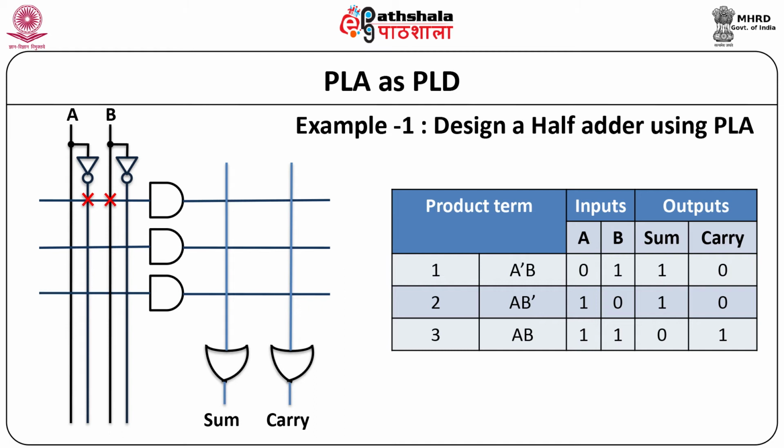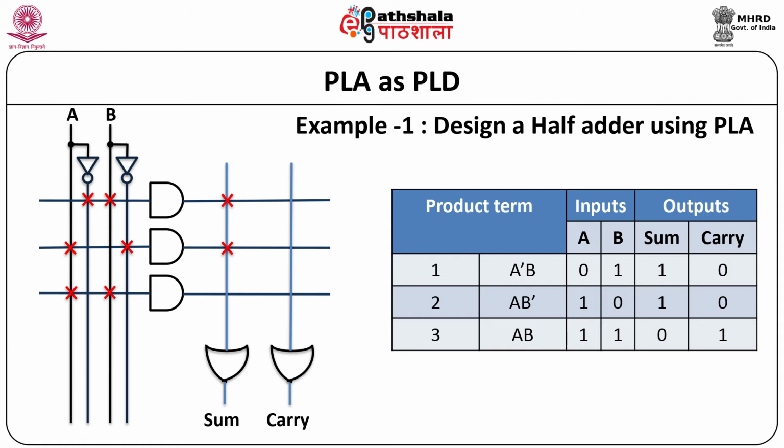Cross links are shown on A bar and B to generate the product term A bar B. Further, the cross links are put on A B bar so as to generate the product term A B bar. The last product term A B is generated by putting cross links on uncomplemented A and B.